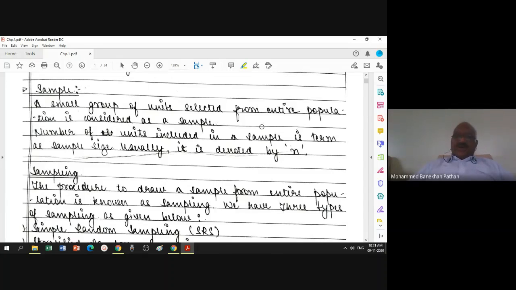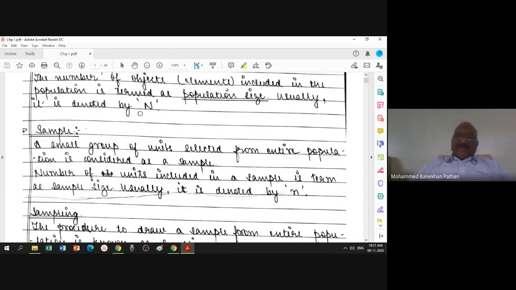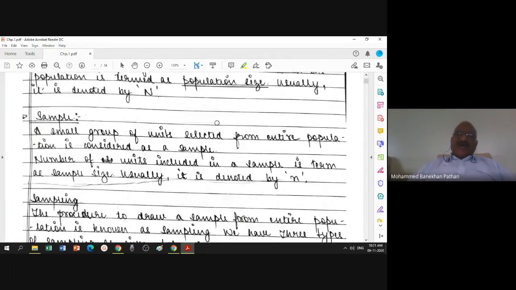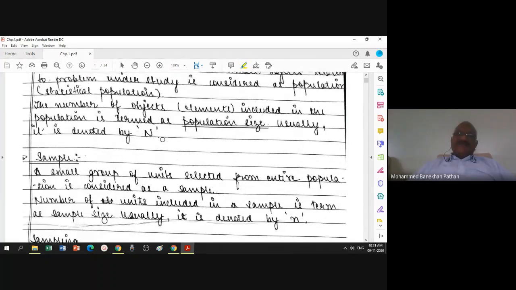So we denote population by capital N, the number of items in a population is capital N, the number of items in a sample is small n. Usually it is found that population size is very large. It may be in lakhs and crores.